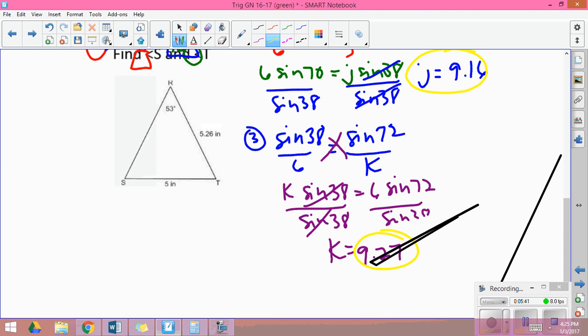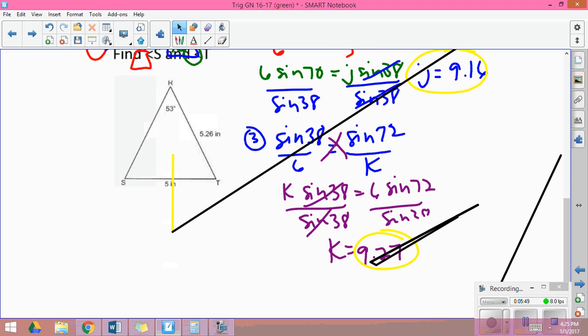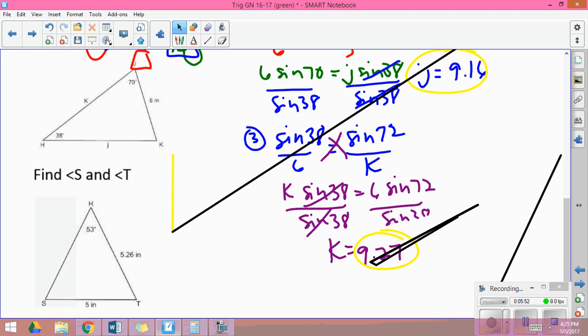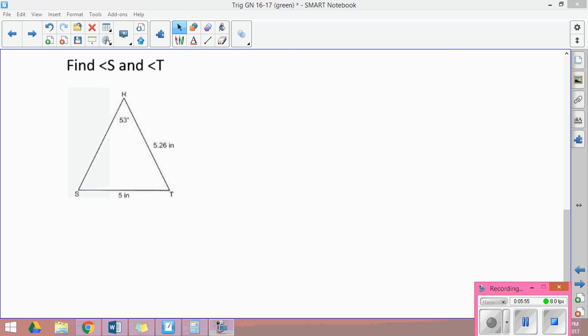Okay, so now I'm going to erase this work, and we are going to work on finding S and T. So the second example is actually only asking us for two angles. It's not asking for the third side.